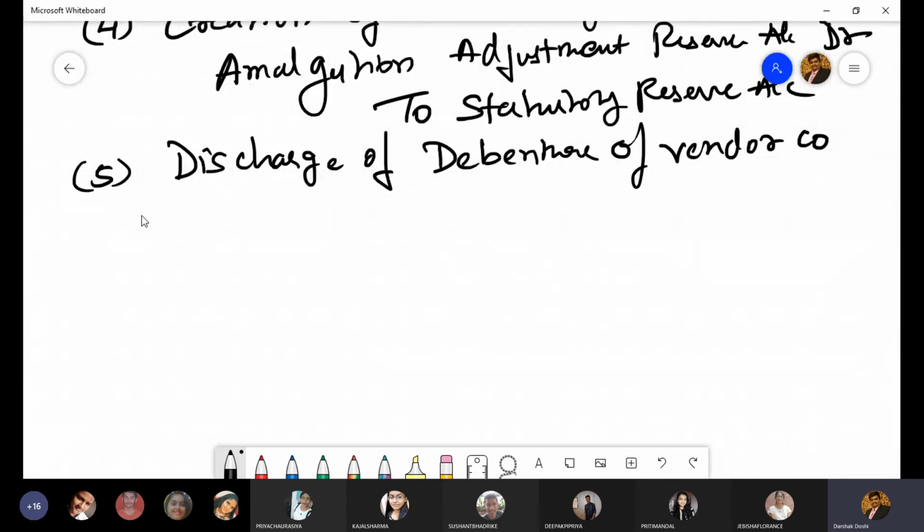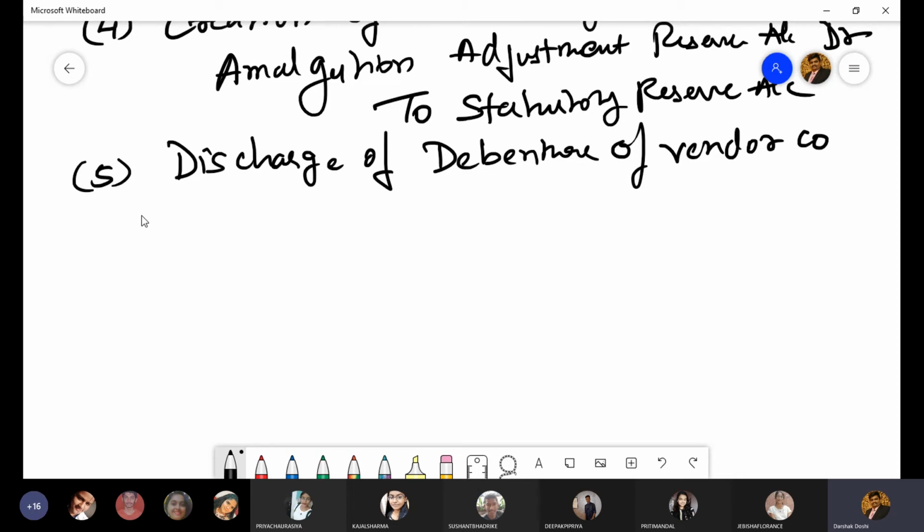The vendor company had issued debentures. Now there is amalgamation wherein the vendor company is closing down. Can you have a debenture of a company which is already closed down? The company is not into existence, but can you have debentures? No, you cannot have that.